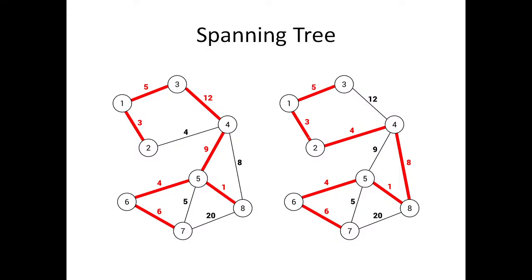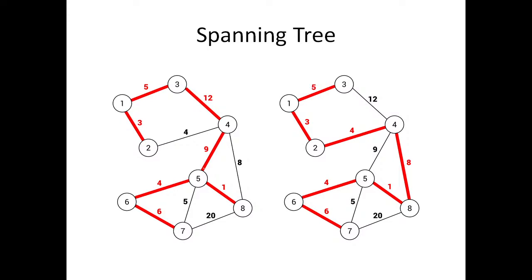For this spanning tree, the total weight will be 3 plus 5 plus 12 plus 9 plus 4 plus 6 plus 1. All the edge weights are summed up to find the total weight of the spanning tree.